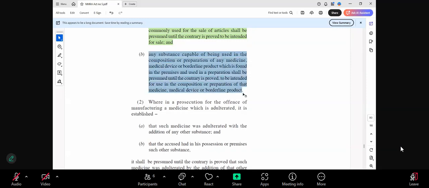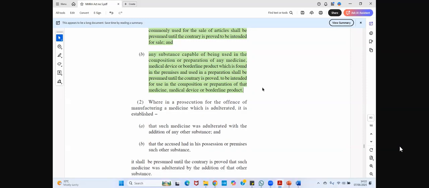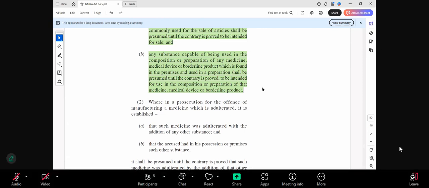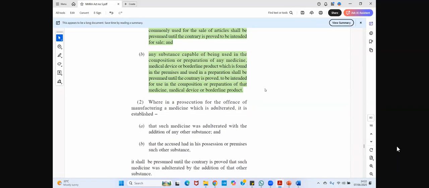Any substance capable of being used in the composition or preparation of any medicine, medical device, or borderline product which is found in the premises and used in preparation shall be presumed, until the contrary is proved, to be intended for use in the same composition or preparation of that medicine, medical device, or borderline product.